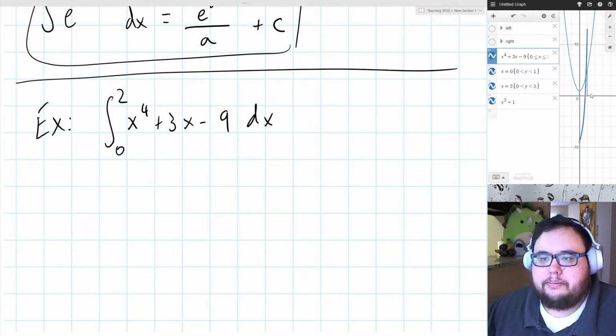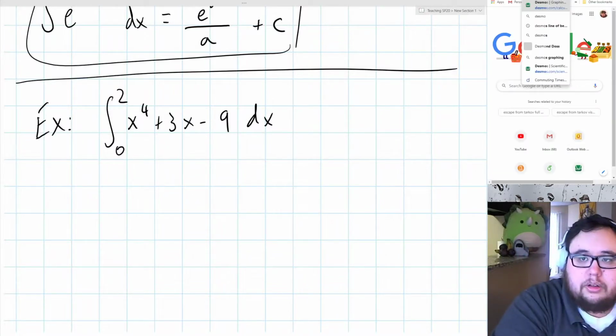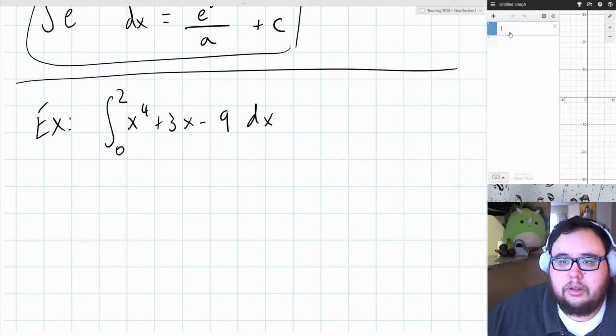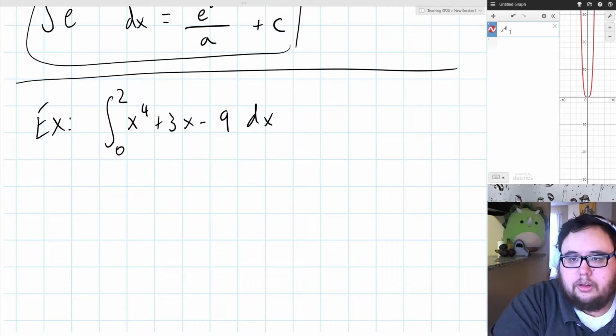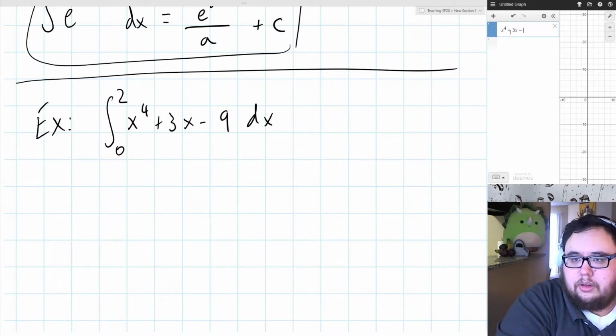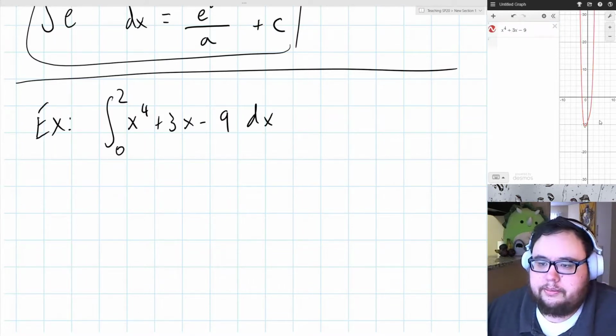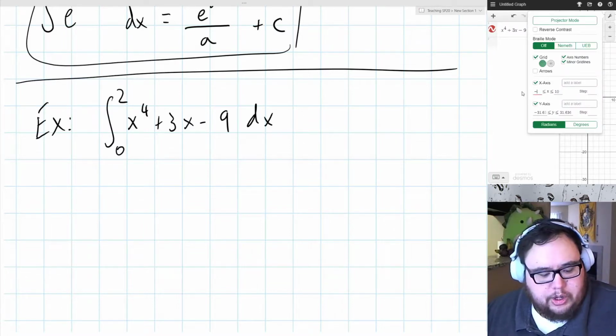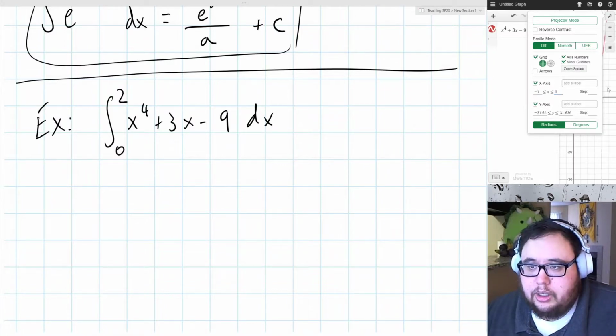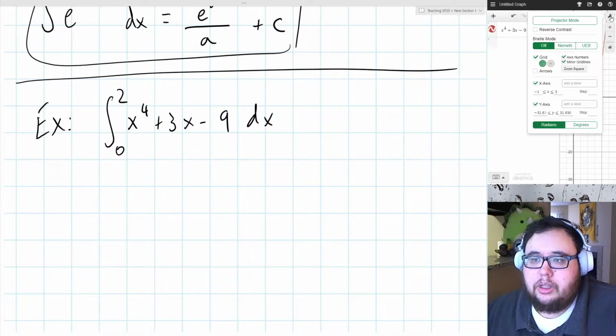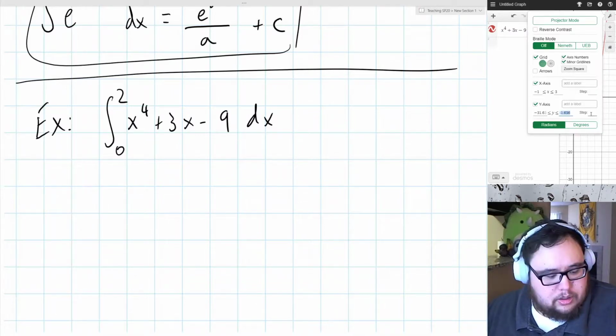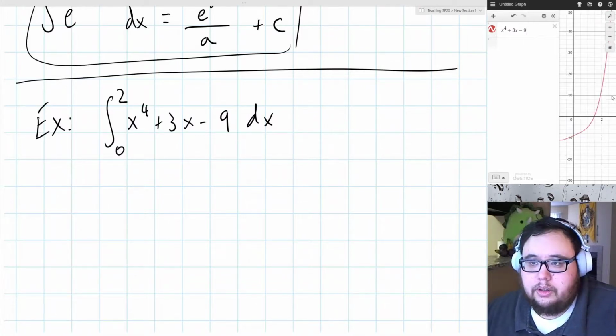I should have done this just on a new thing. Let's see here. So we're going between, let's see, let's go -1 to 3. And then let's do 50.